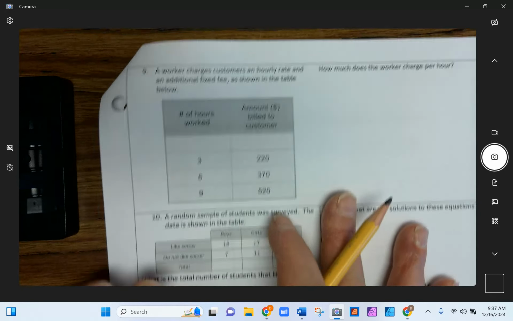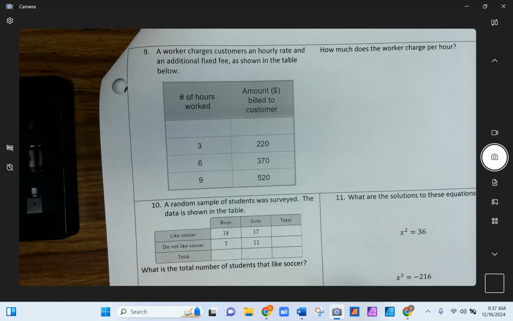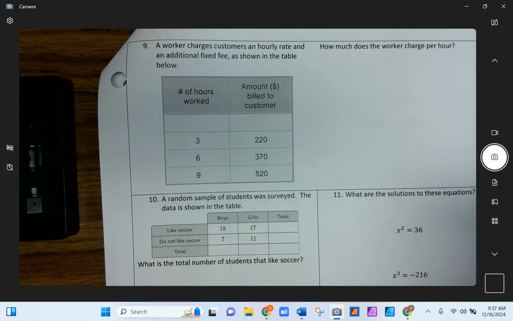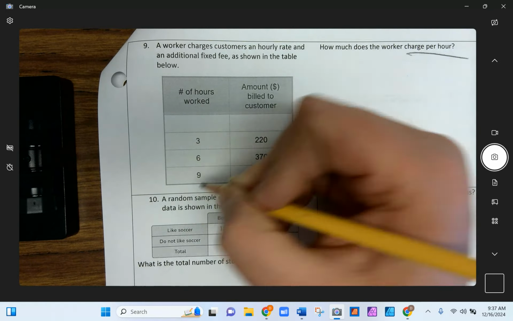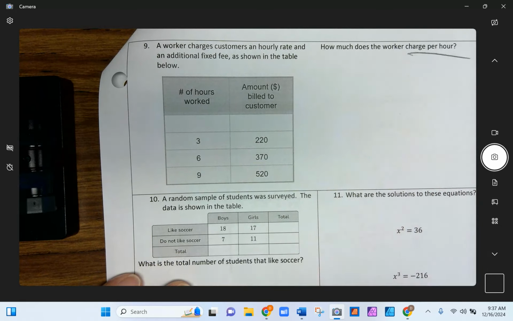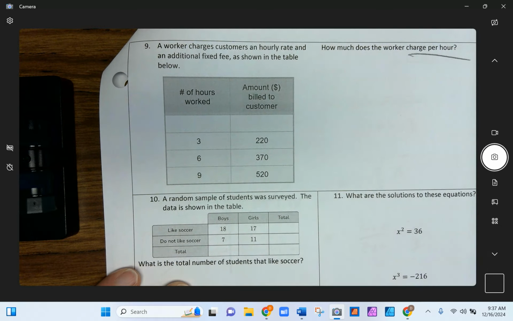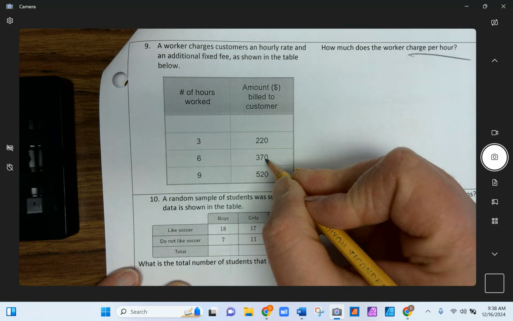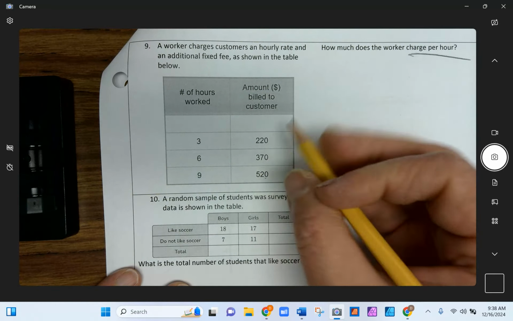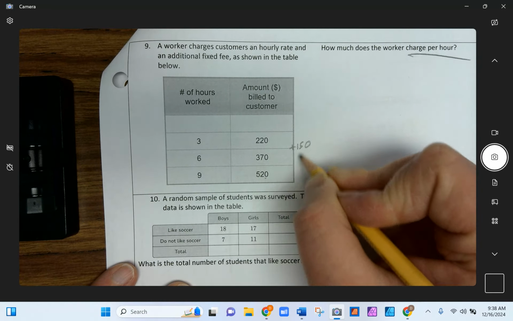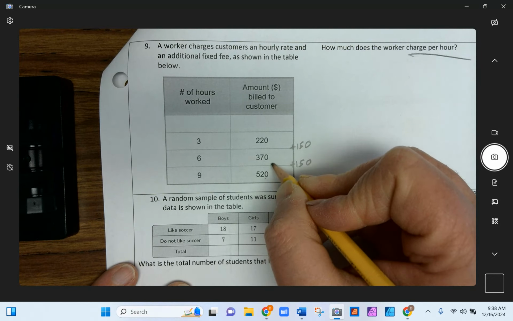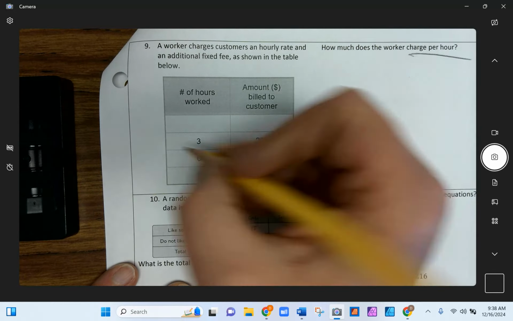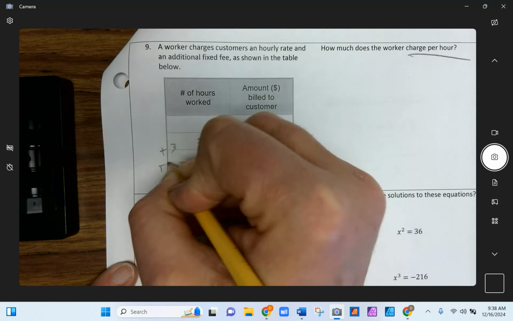A worker charges customers an hourly rate and an additional fixed fee as shown in the table below. How much does a worker charge per hour? So we got to figure out the difference here, and it's going to be our slope, right? The easiest way is probably just to subtract. So 370 minus 220 is 150. And just to double check, 520 minus 370 is also 150. And these are going up by 3s.